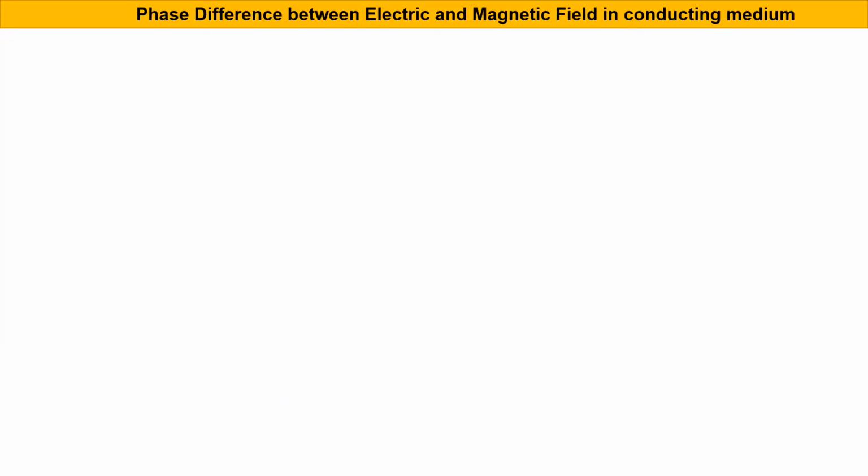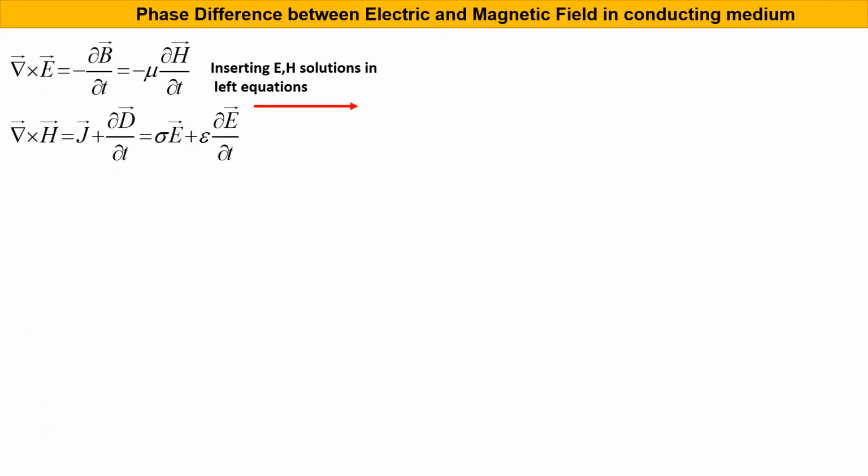Now you can remember there was no phase difference between the electric and magnetic field in a non-conducting medium, but interestingly there is a phase difference in a conducting medium. You can find that from the curl equation.